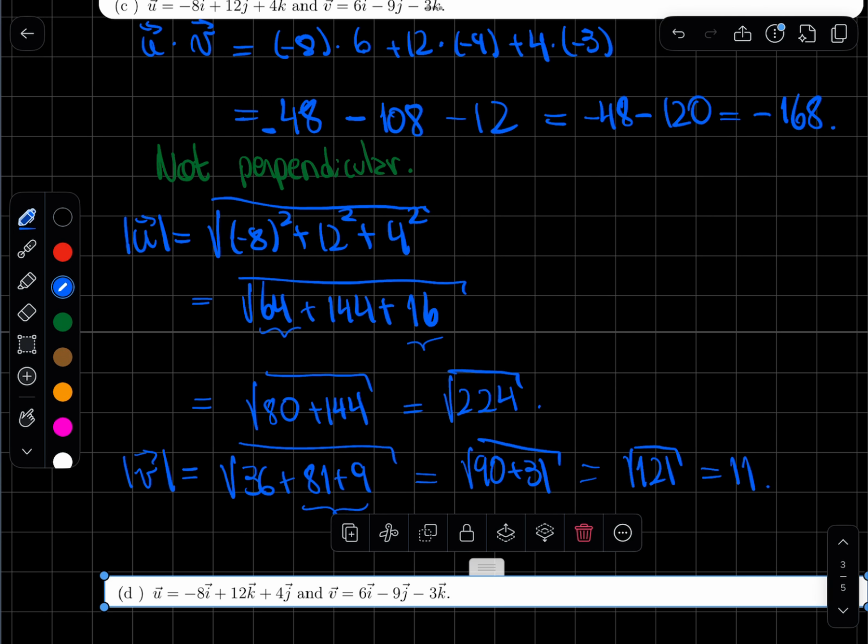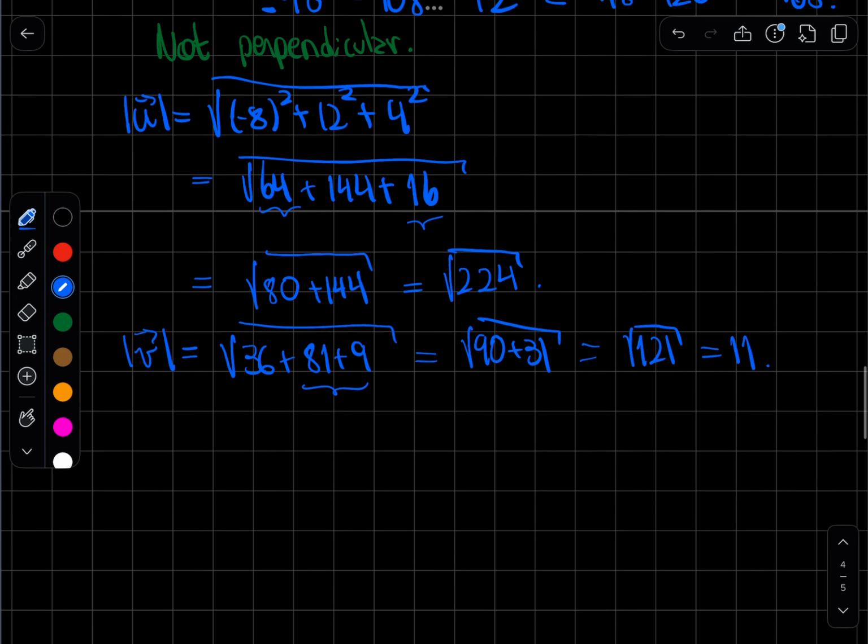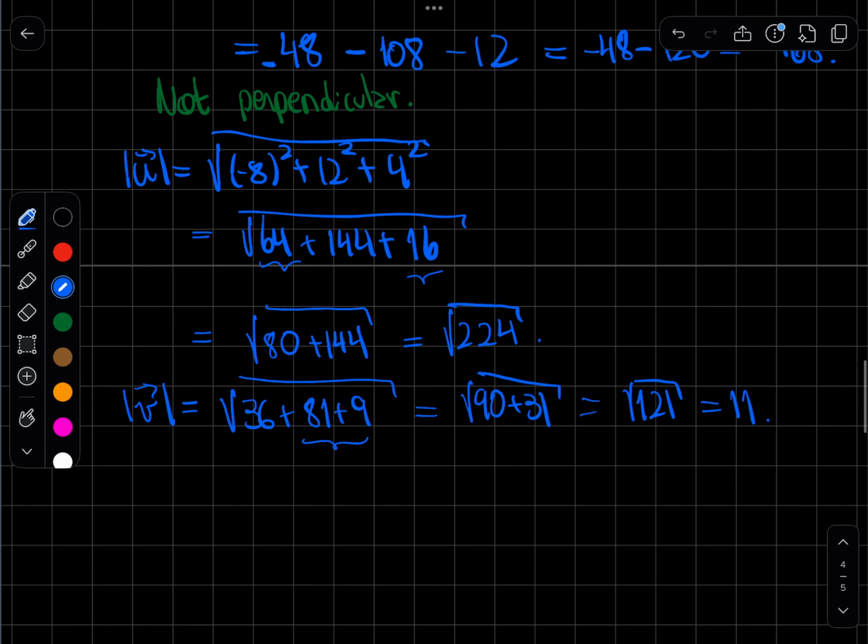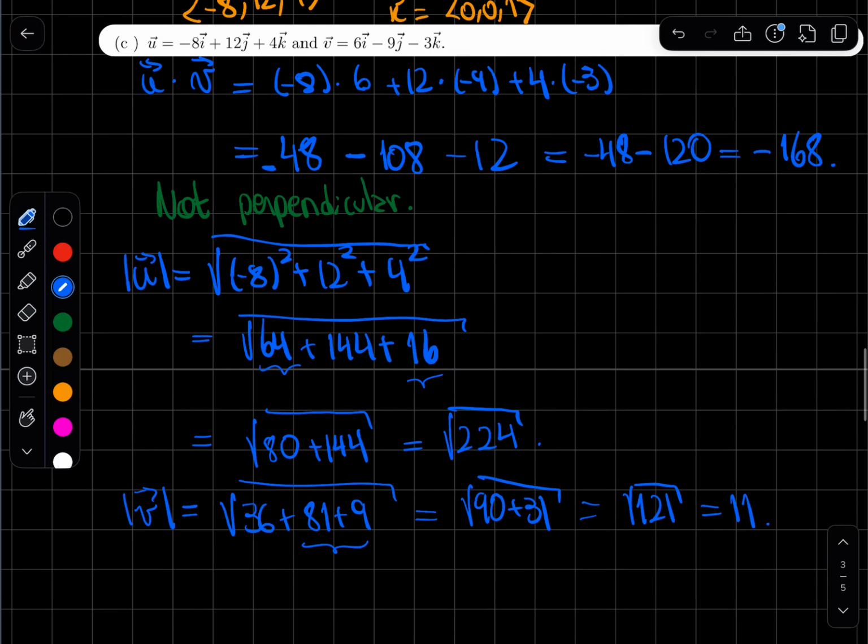Double check that I'm not just wishful thinking, forcing the numbers to work together. Double check. It's 90. Seems fine to me. I wonder if 224 is a perfect square.